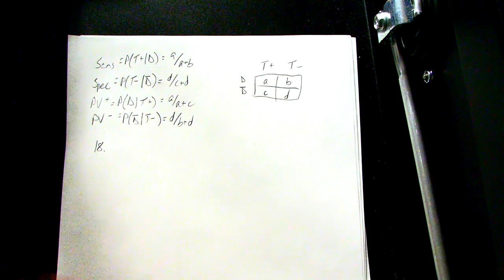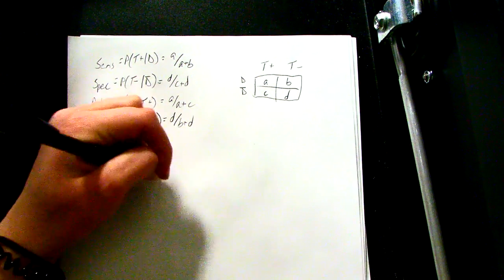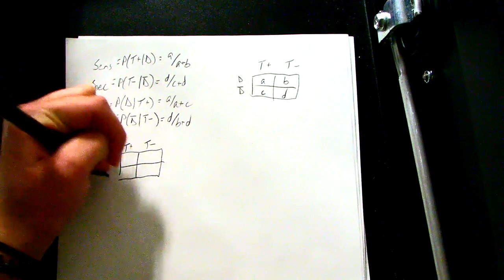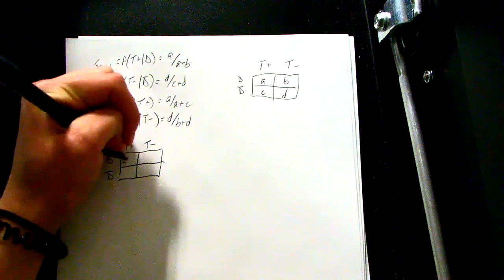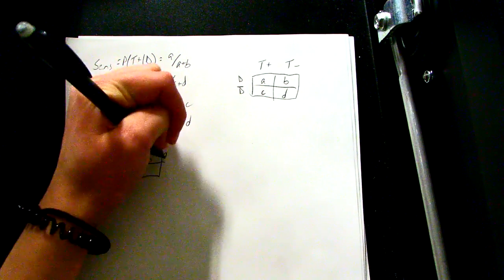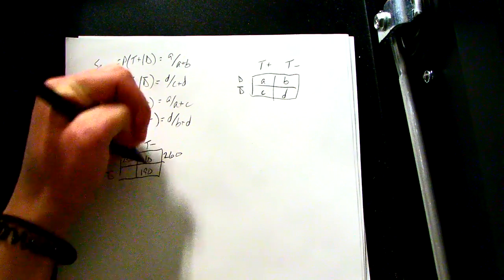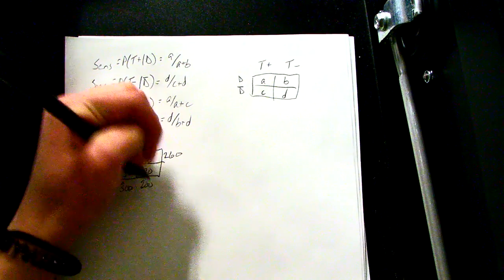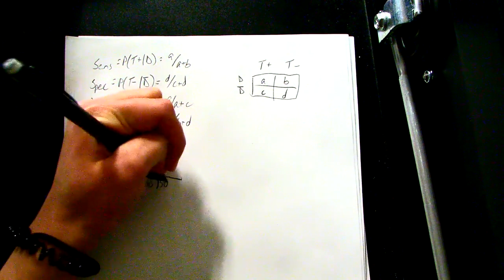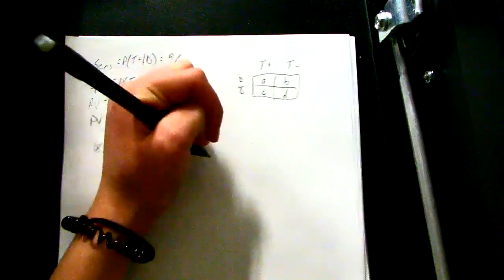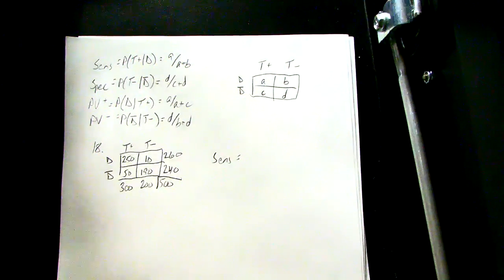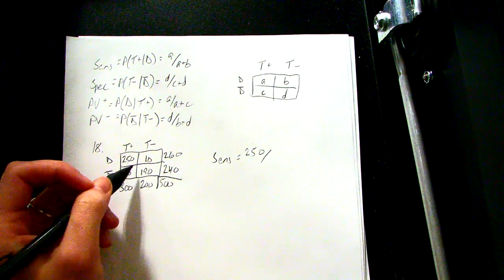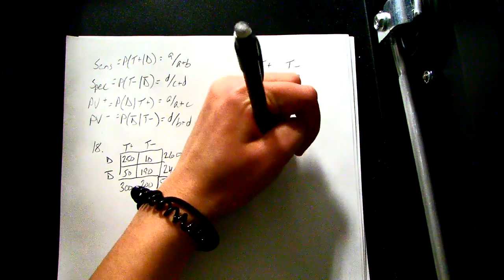So our 2x2 for this question would look like this. And our sensitivity would be 250 divided by A plus B, or this margin over here, 260.